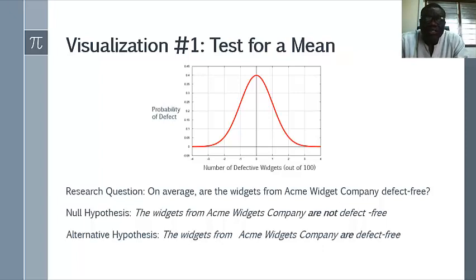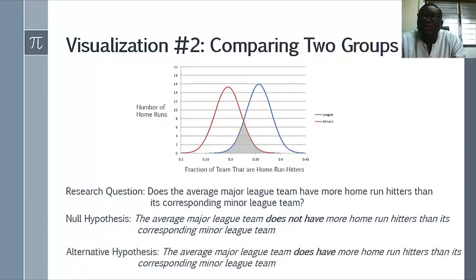"Are not" is bold in the presentation to represent emphasis. So in the null hypothesis, I repeat, the widgets from Acme Widgets Company are not defect-free. The alternative hypothesis for this research question is that the widgets from Acme Widgets Company are defect-free. The "are" is bolded for emphasis.